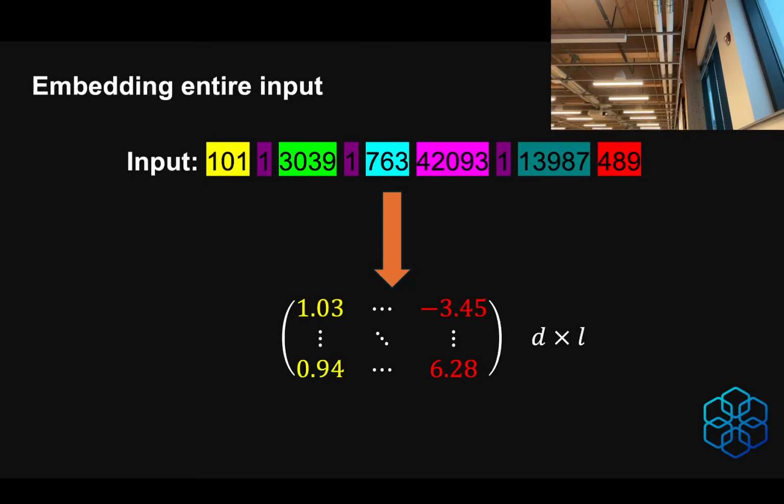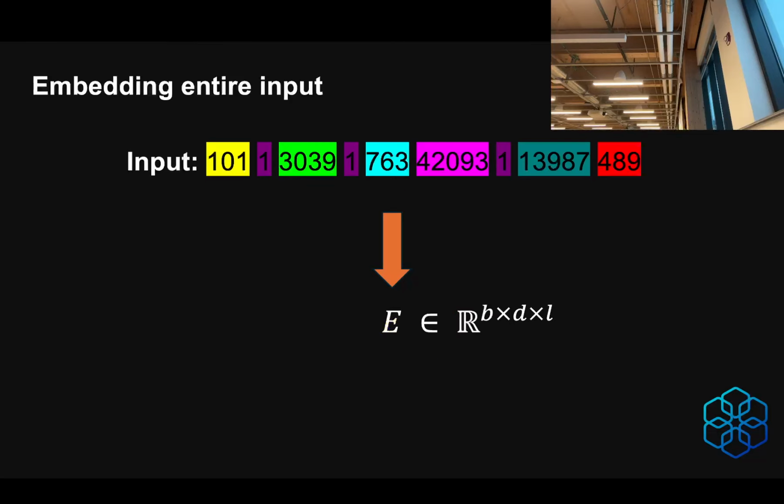So we take an input, we tokenize it, and then we embed it into this dimensional space. D represents the number of embedding dimensions, and L represents the length of our sequence.